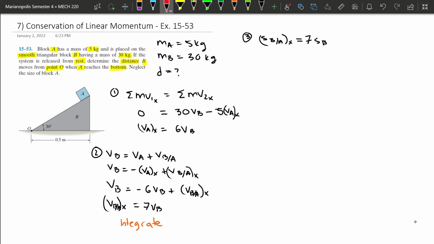We're given that the length of B in the horizontal direction is 0.5 meters, and we know that A is going to travel 0.5 meters in the x direction relative to B. So that just means sB with respect to A, also in the x direction, is 0.5 meters. That's going to help us solve for sB.